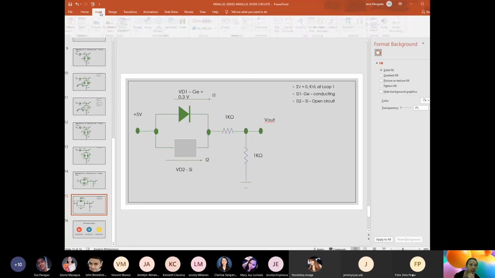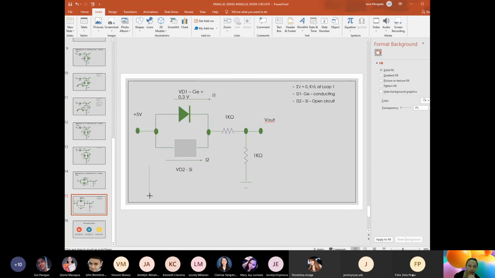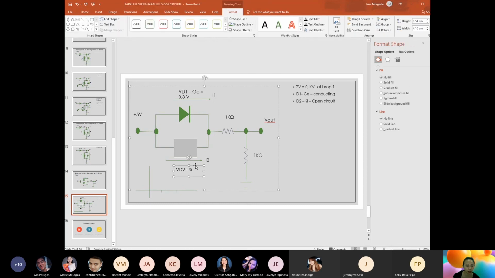So, graphically, mag-graph tayo dyan. Ayan. Okay. Graph tayo. This is the voltage. So, let's say this is the 0.3 mark and this is the 0.7 mark. Okay. Tama ba?